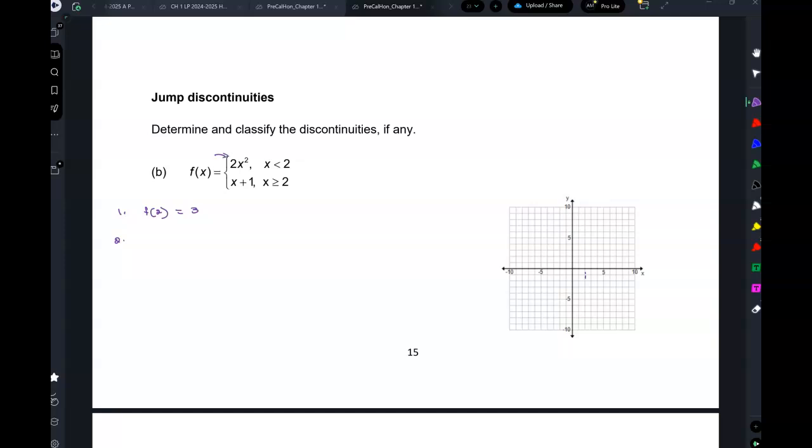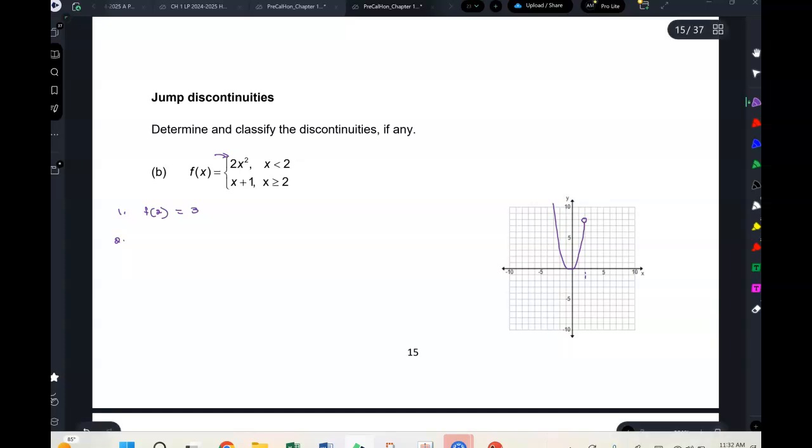So at x equals 2, look at this function. What will the value be? 8. And it's an open circle, right? Right here. And so it basically looks like this, because it's a parabola. And then this next one is x plus 1.